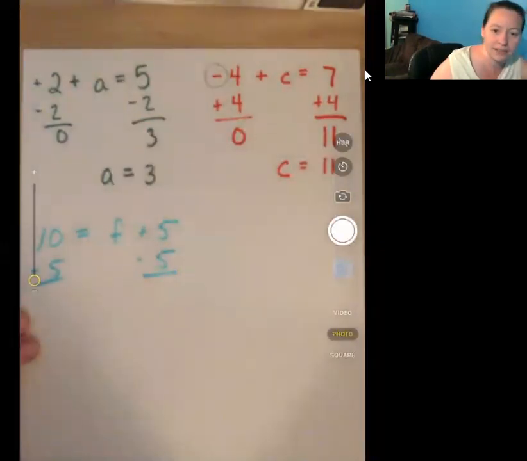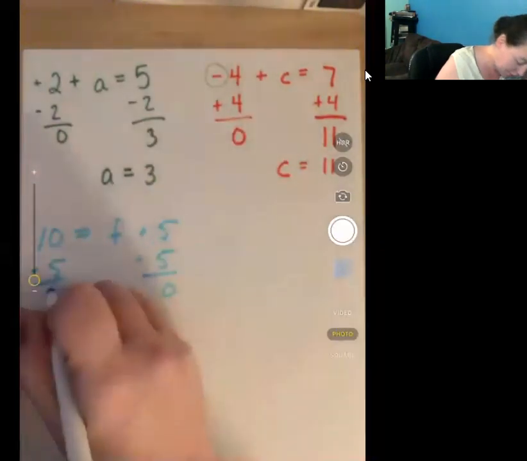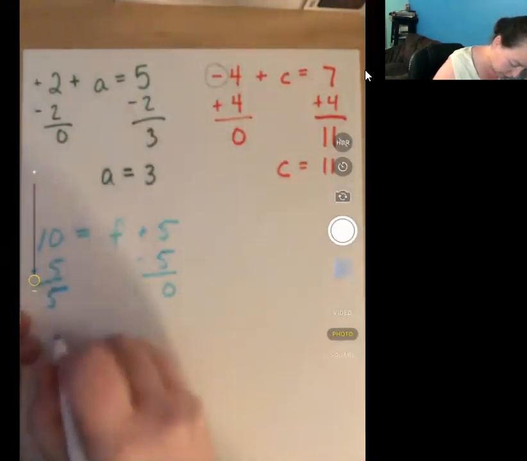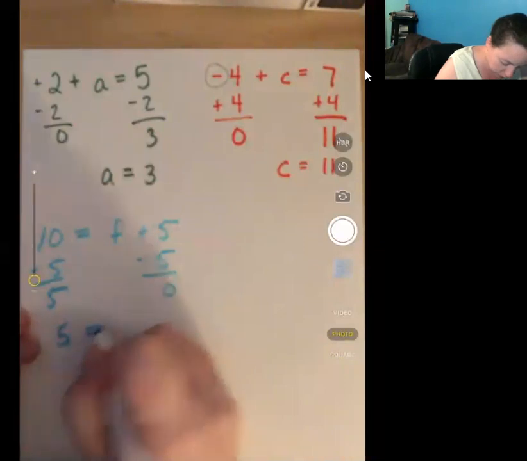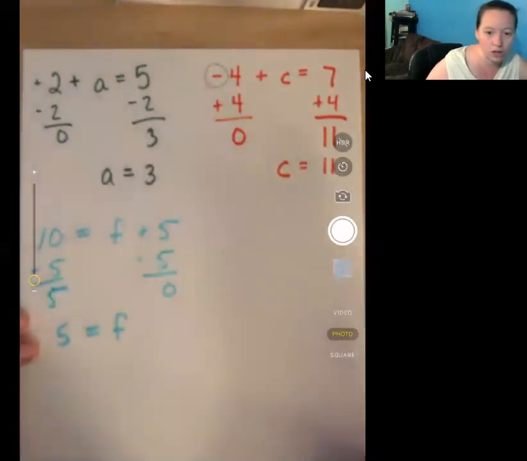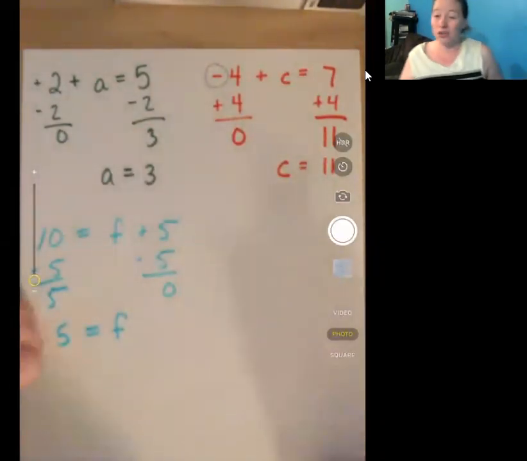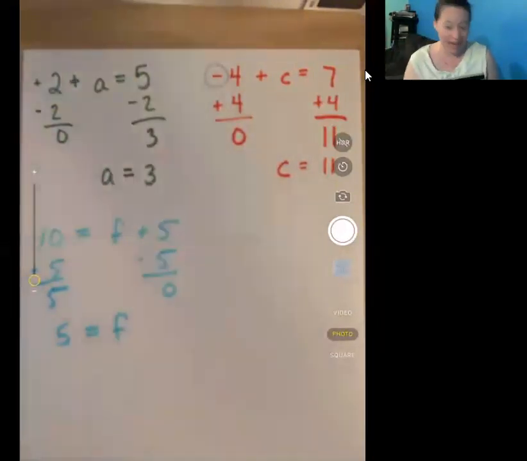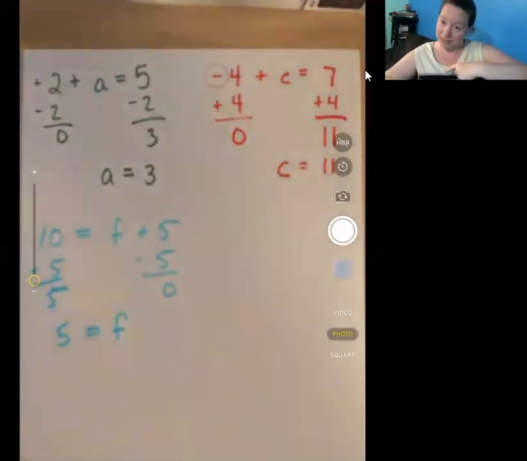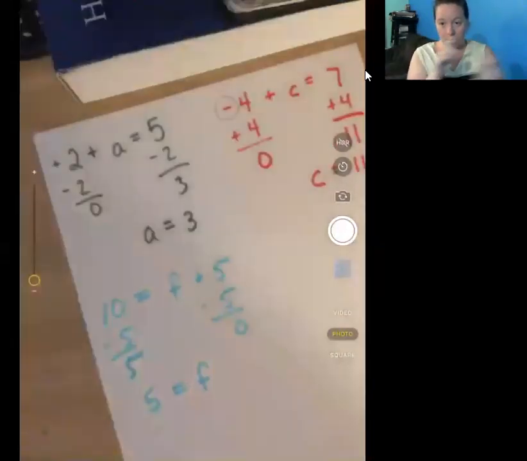5 minus 5 is 0. 10 minus 5 is 5. So then I rewrite it. 5 is equal to F, because that's all that's left on that side. Although typically what ends up happening when we end up with an answer like this is we flip it, because the equal sign says it can face either direction, okay?